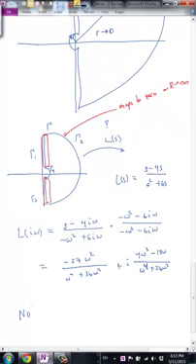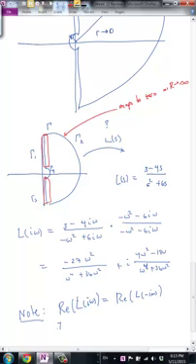One key thing to note is that the imaginary part has all odd terms of omega in the numerator, while the real part has only even terms. In other words, the real part of L of i omega equals the real part of L of minus i omega, whereas the imaginary part of L of i omega is equal to minus the imaginary part of L of minus i omega.